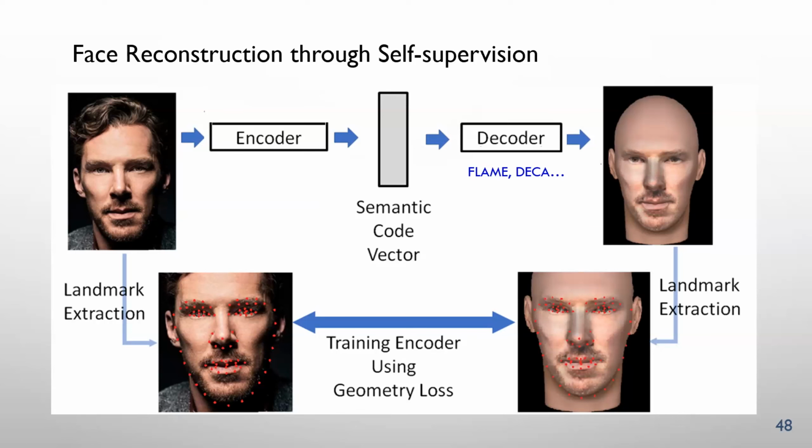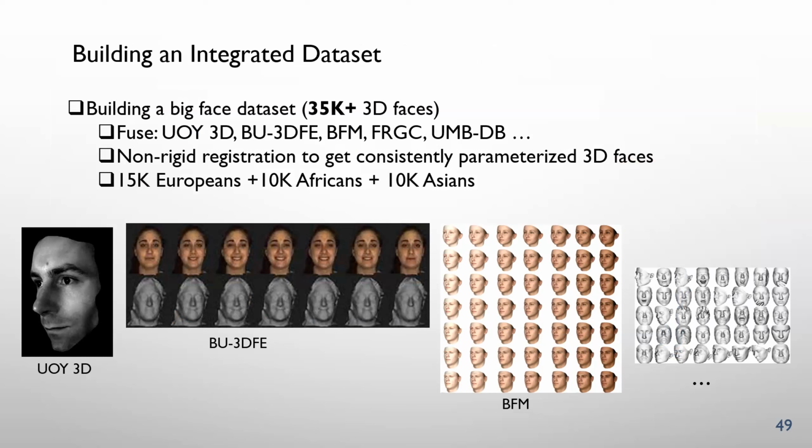Starting from an image, we encode it into a vector, we decode it into a 3D face, and we render it to generate a new picture. And then we extract the landmarks on these pictures. We can compare this picture with the given input portrait and use this to refine both the encoder and, if needed, also the decoder. Okay, so that's the general pipeline.